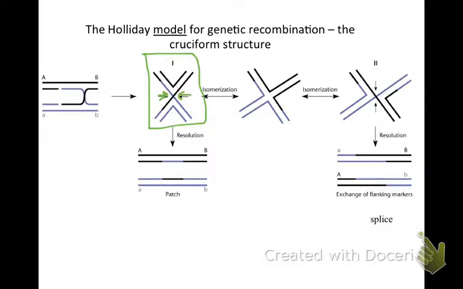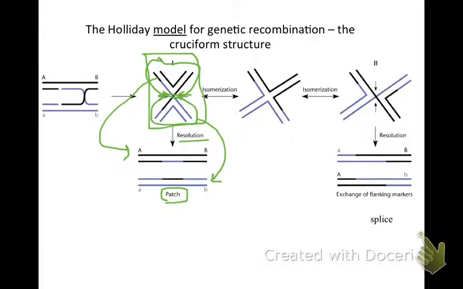If you have that type of resolution, then we get what's called a patch. And the way that that happens is that you want to look at the cutting occurring there so that you get this piece of DNA up here, and the other strand of DNA that's liberated is shown down here.